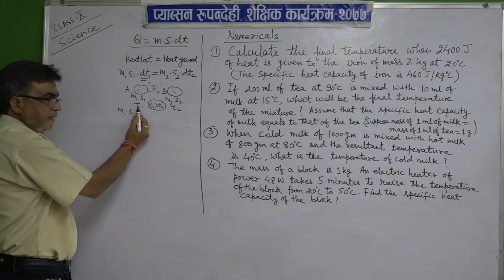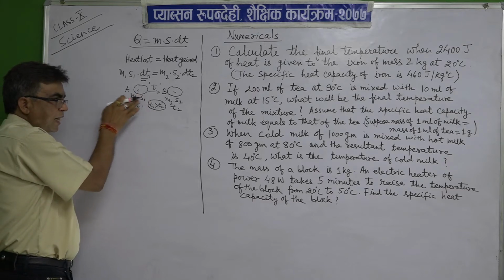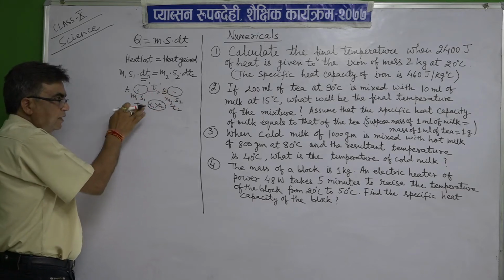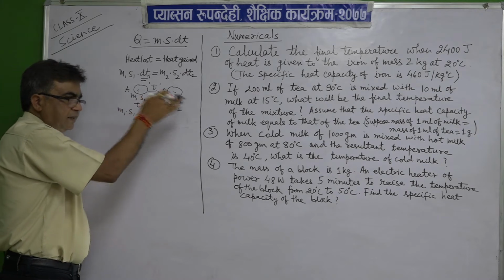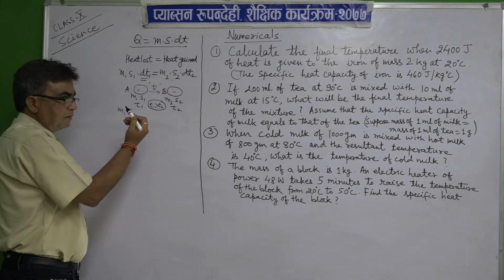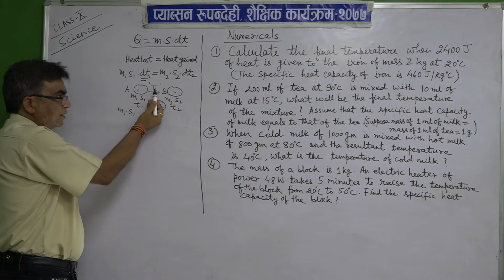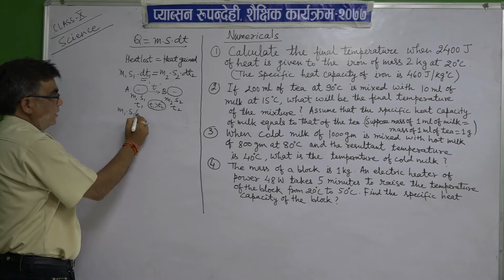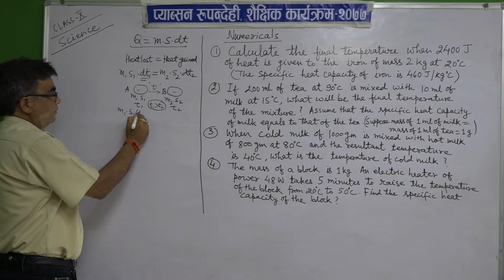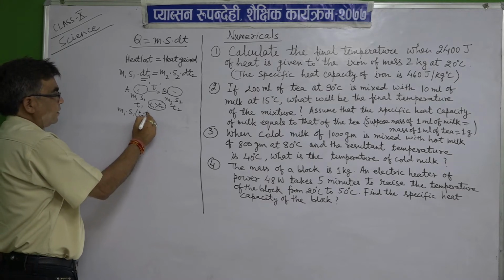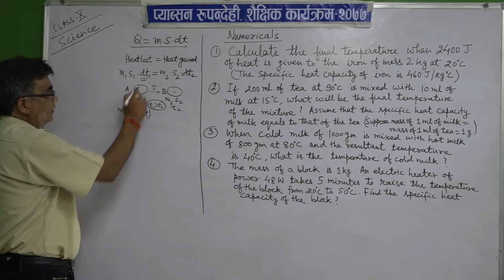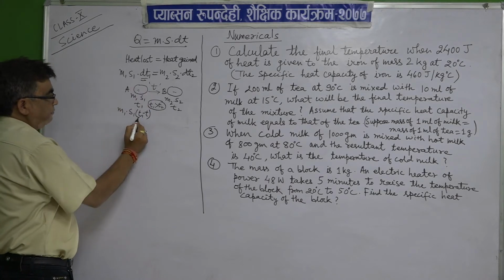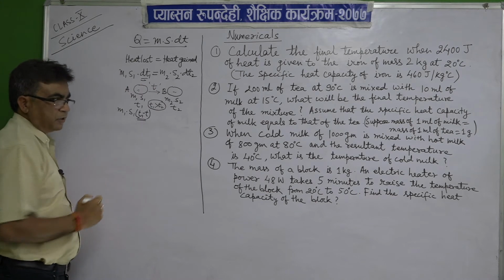It was initially at T1. When it starts giving heat to body B, its temperature will keep decreasing and the final temperature becomes T. So T1 is greater than T because it is losing heat. That is why the temperature difference will be T1 minus T. So in place of dT1, you write T1 minus T.